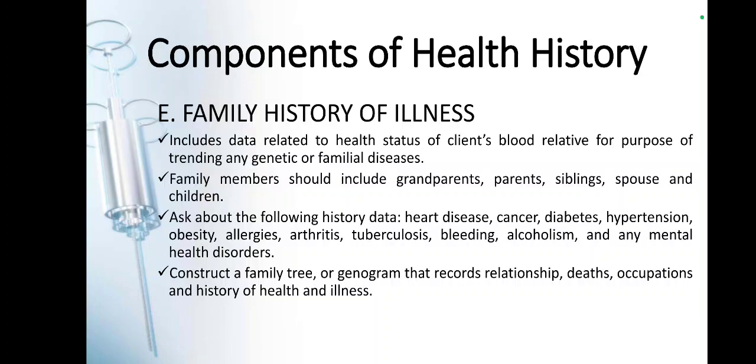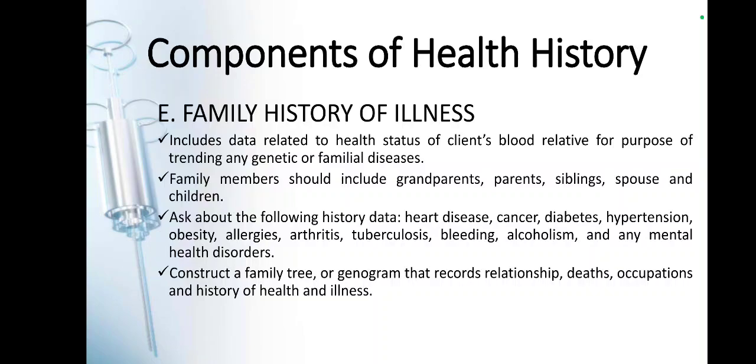So family members should include grandparents, parents, siblings, spouse, and children. The patient is asked about the following history data such as heart disease, cancer, diabetes, hypertension, obesity, allergies, arthritis, tuberculosis, bleeding, alcoholism, and any mental health disorders. So construct a family tree or genogram.